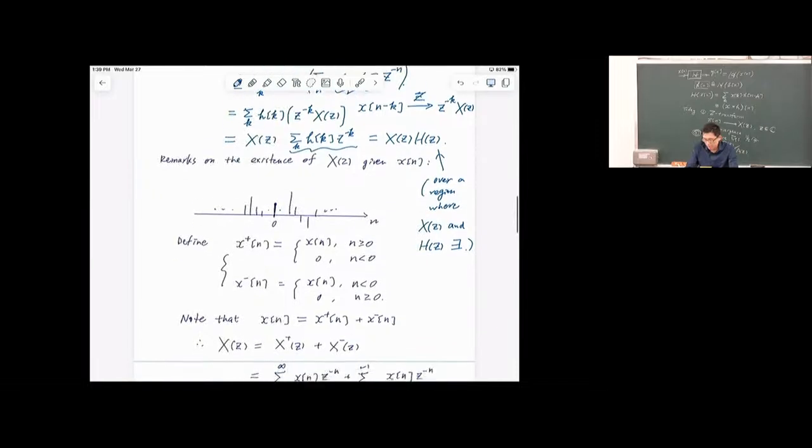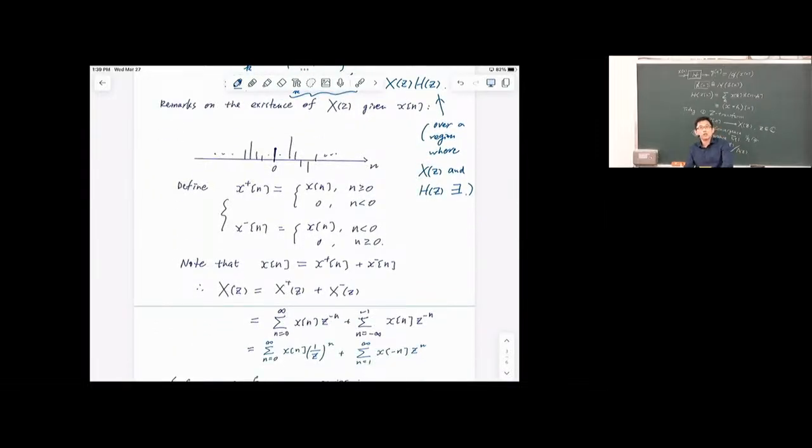All right, so in the next few minutes, I'd like to invite you to think about the convergence issue. Let's say we have an arbitrary signal x. How do we identify the region of convergence when we take it to the z domain? When we attempt to transform our signal x of n to the z domain, what general properties do we have?